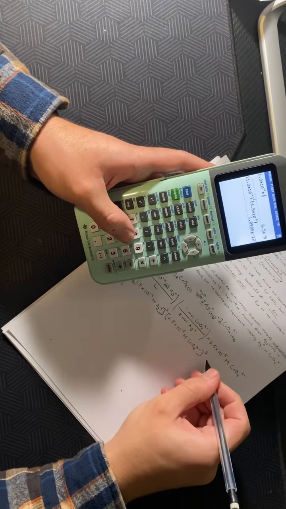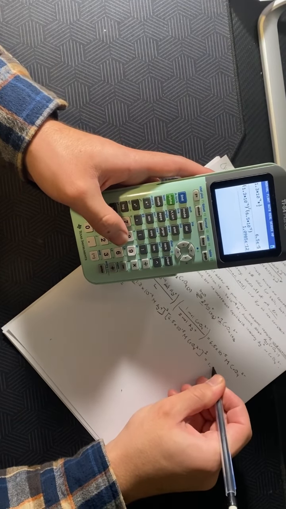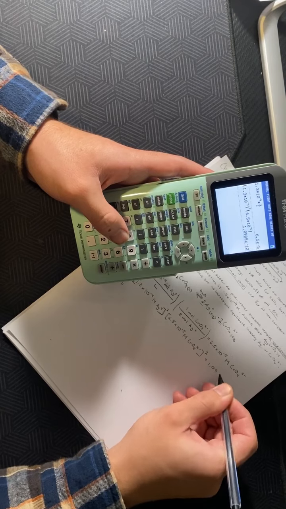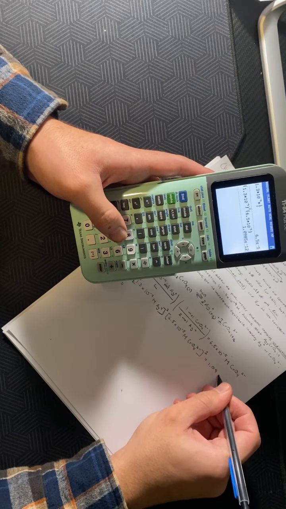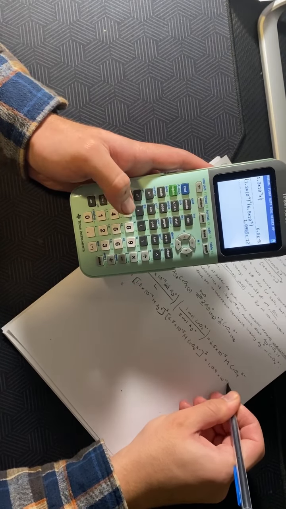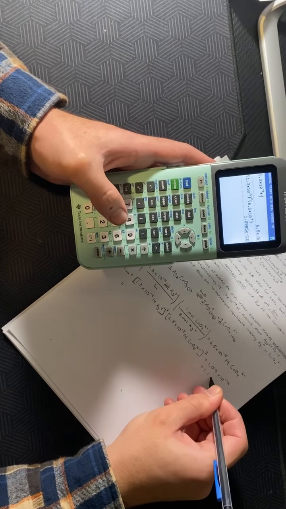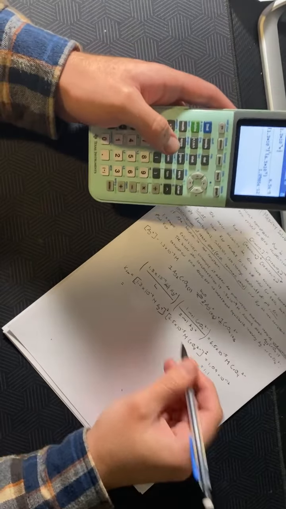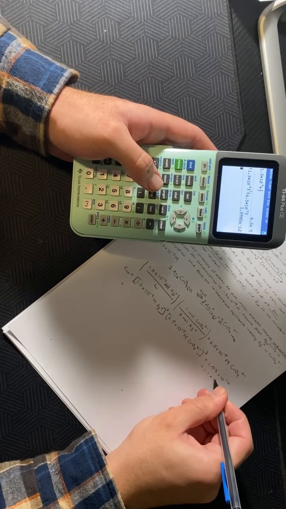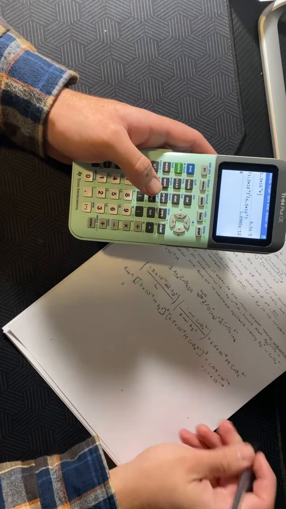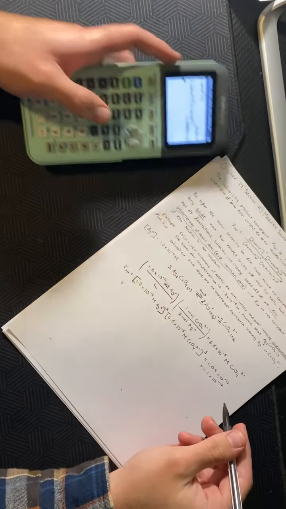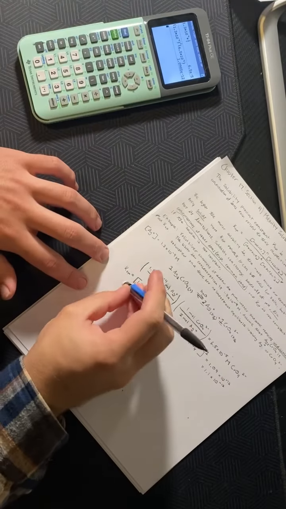And we get that our KSP value is 1.09 times 10 to the negative 12. With 2 significant figures from these two, it's 1.1 times 10 to the negative 12. And no units because it's a K value. So that's our answer.